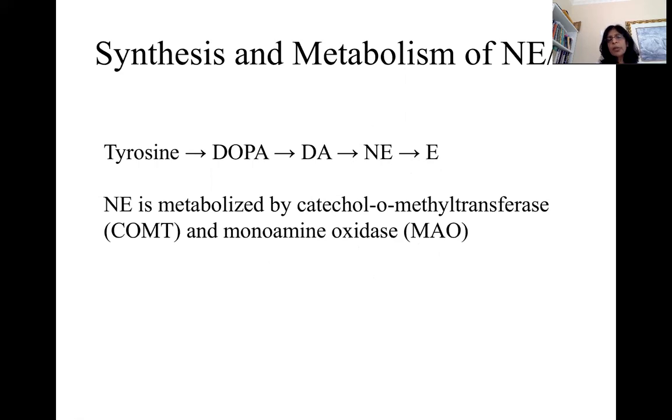Okay, so all these agents, enzymes, and metabolites matter. For example, DOPA is the metabolite that could be given instead of using dopamine, because DOPA crosses the blood-brain barrier, but not dopamine.